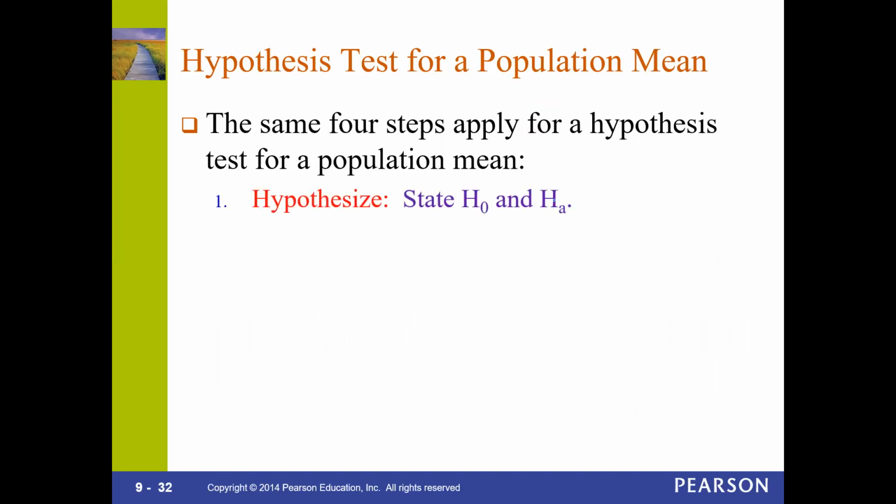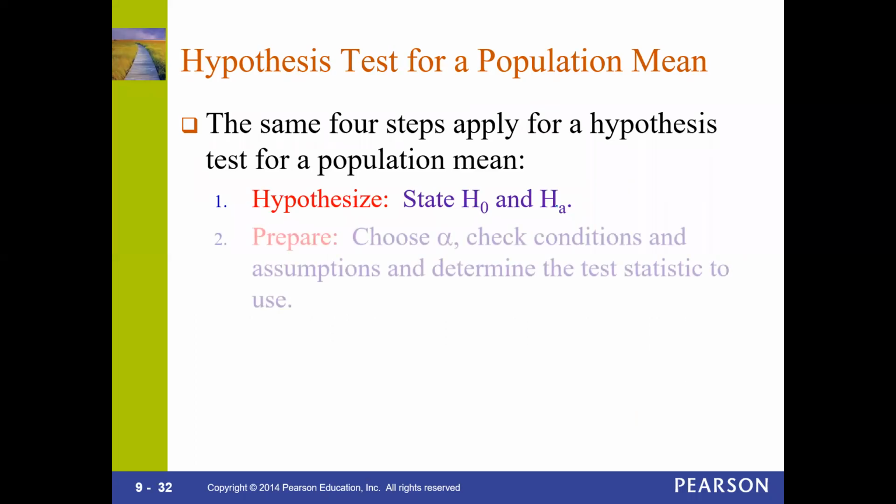You're going to have an H0 and an HA. You're going to need alpha. By default, alpha will be 0.05. If nothing is given to you, by default alpha is 0.05.